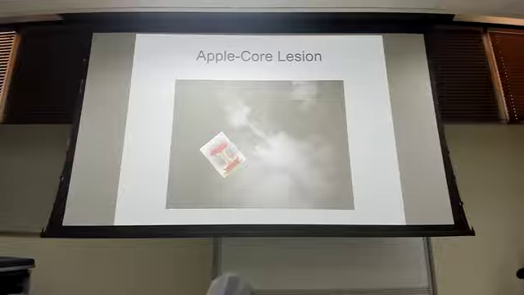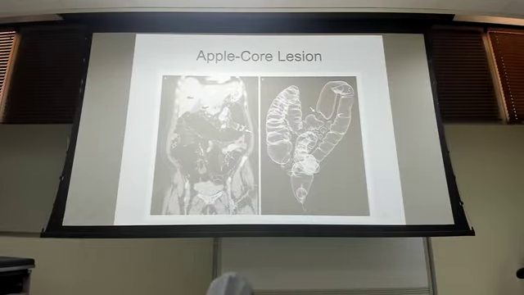And you can see the picture there, why we call it the apple core lesion. Colorectal cancer, apple core lesion. Here's some on CT, with arrows to show you where you're looking. And once again, same presentation of the apple core lesion, colorectal cancer.